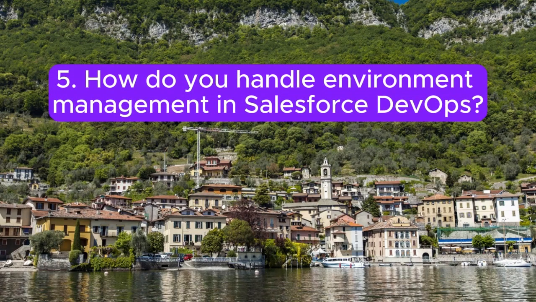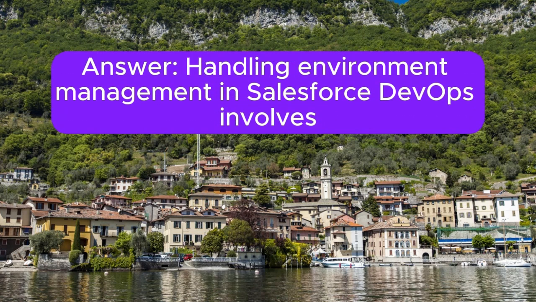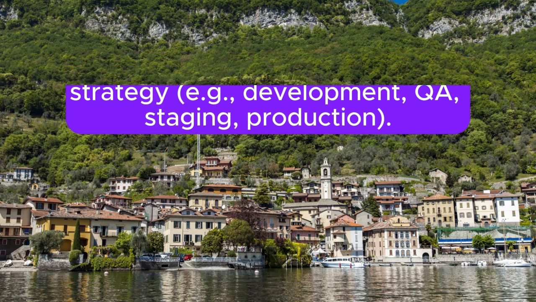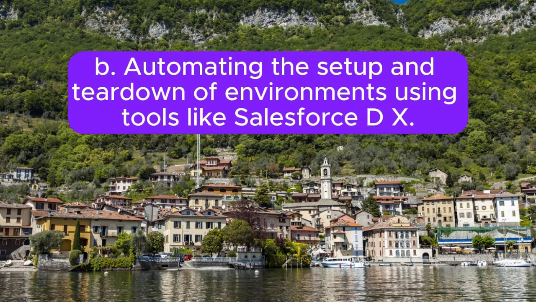5. How do you handle environment management in Salesforce DevOps? Answer: handling environment management in Salesforce DevOps involves: A. Defining a clear environment strategy, for example, development, QA, staging, production. B. Automating the setup and teardown of environments using tools like Salesforce DX.